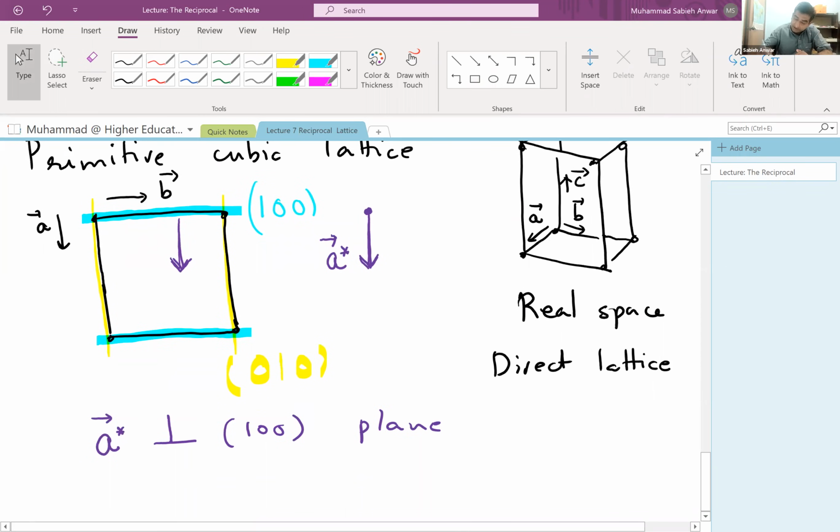Now I can draw another vector, which I'm going to draw in red, which is normal to the 0, 1, 0 plane. And here it goes. I give it the symbol B star because it is normal to the AC plane. So my B star is normal to the 0, 1, 0 plane.